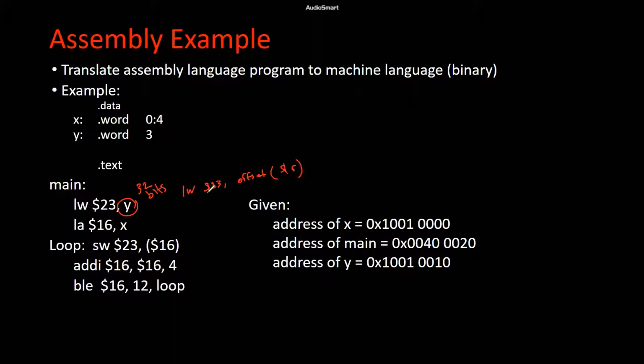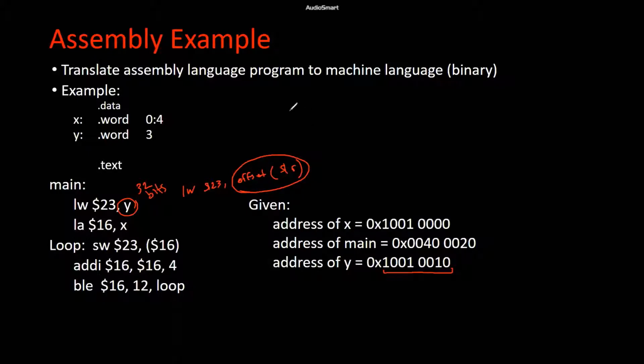So we are using this kind of format instead of the label. We are reading from memory, the load word is reading from this address. So our final value, that offset on the register, is going to be this value.